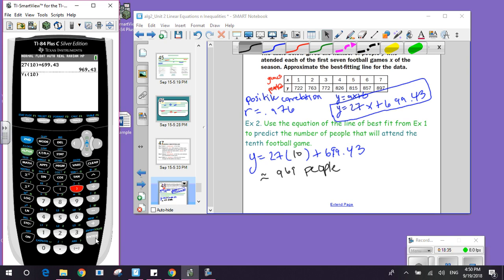So let's see what this answer is. So it's still about the same, but this is just a little more accurate because we didn't round to make that calculation. But again, that's just another way to get the answer, and it's probably a better way just so you won't accidentally type something incorrectly and get the wrong answer.